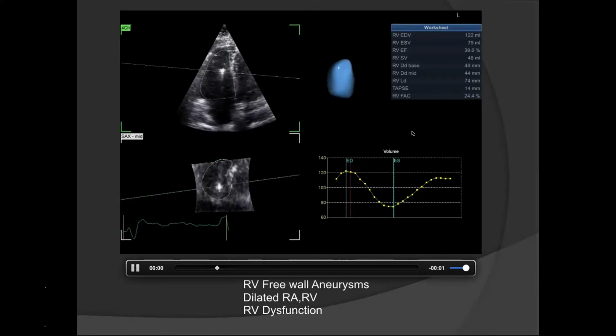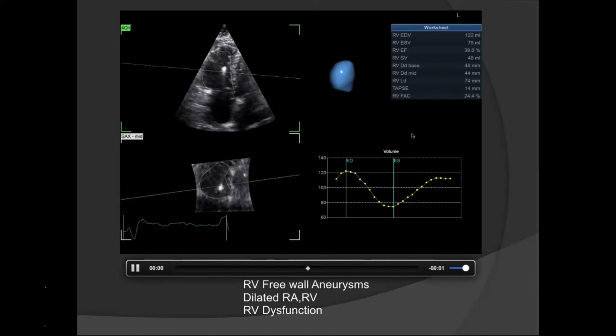We can also do RV and RA volumetric analysis now. If you have these softwares for RA, RV volume, we can see in very little time, very accurately, RV end diastolic volume, end systolic volume, stroke volume, and even RA volumes are now possible in the newest software.